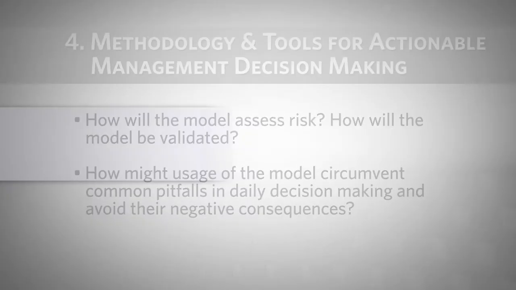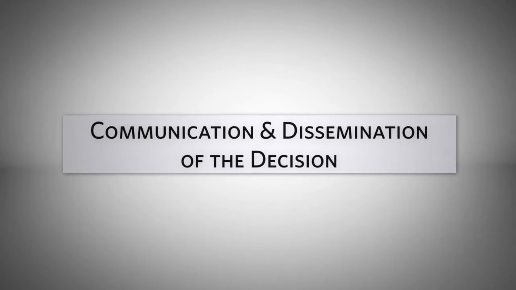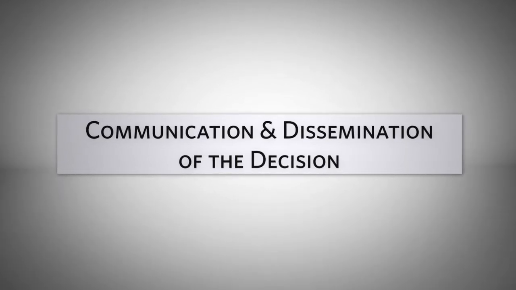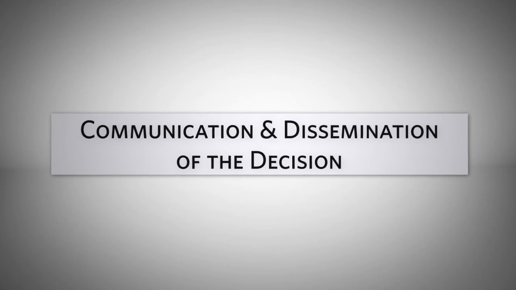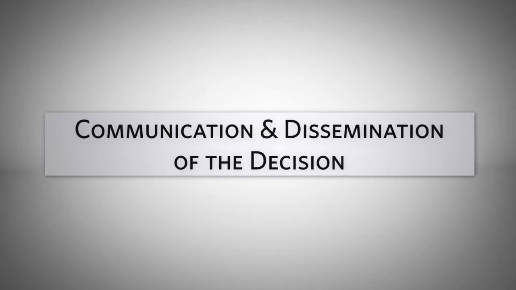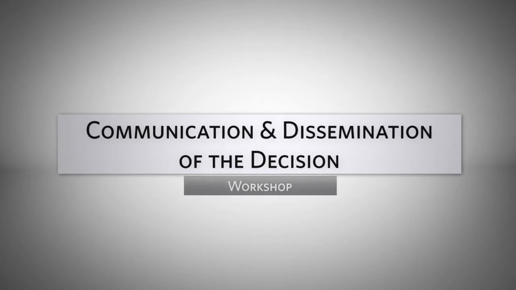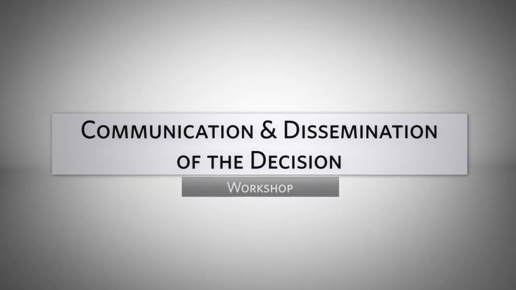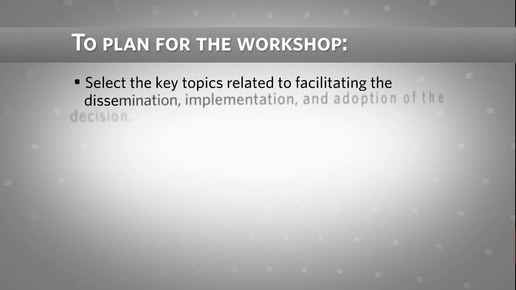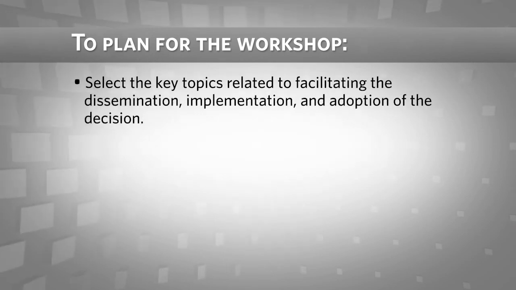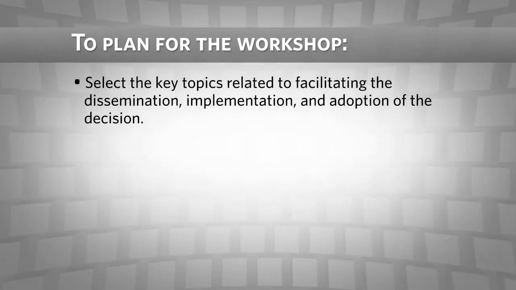This section outlines how to take action about the decision and is broken down into 2 parts, a workshop and a presentation. For the workshop, gather decision-makers who will help disseminate the decision throughout the organization. In preparation, select the key topics related to facilitating the dissemination, implementation, and adoption of the decision.